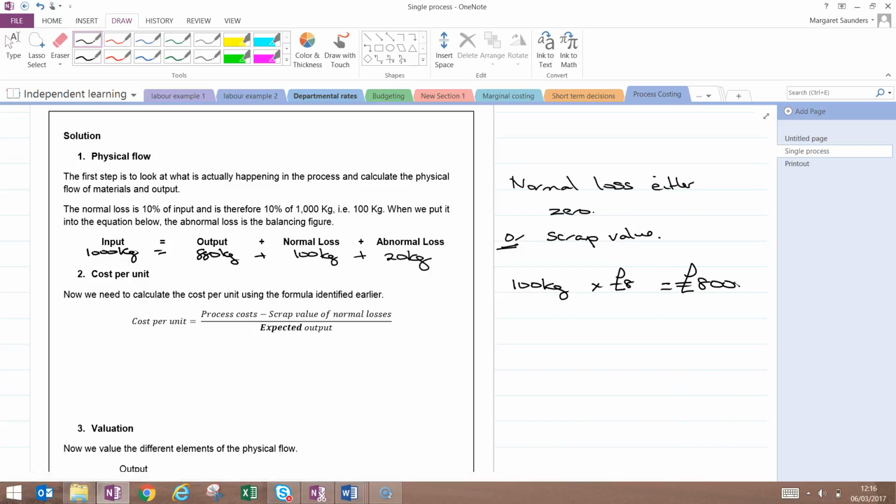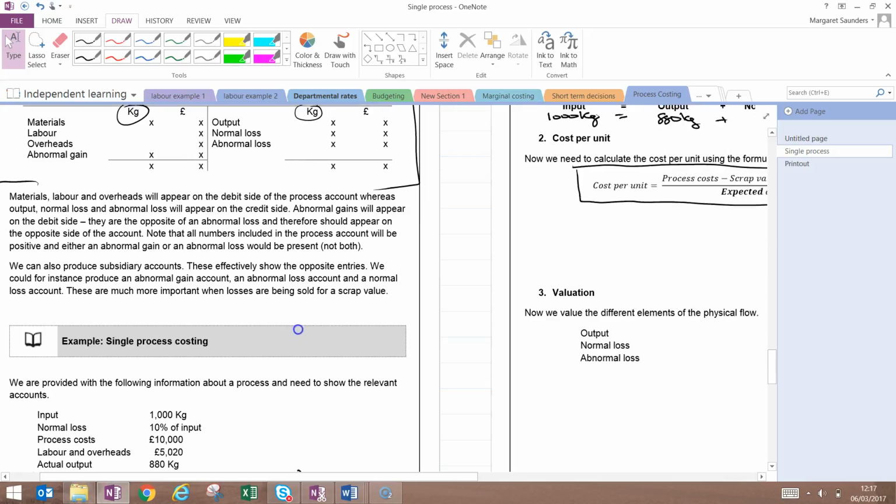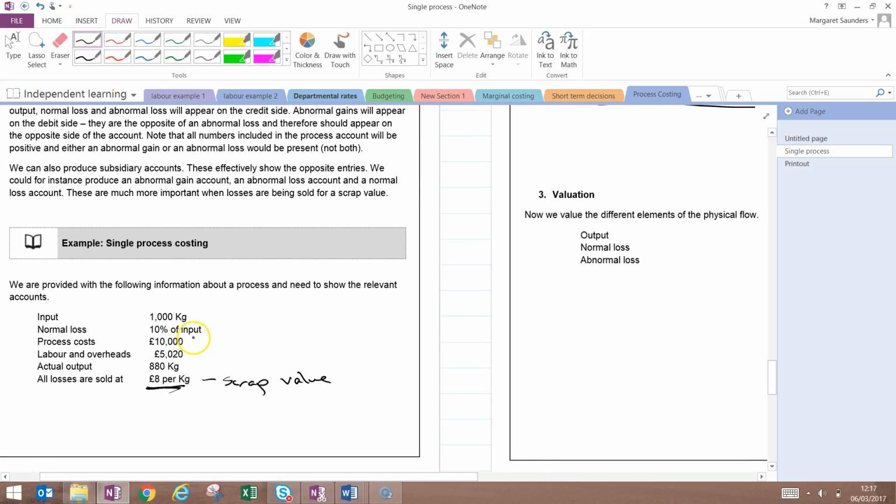For our output, which was 880 kilos, and our abnormal loss, which was 20 kilos, we need to put a value using this formula. So our process costs are the costs of the material, labour and overheads that go into the process. Okay, so that's these costs here.